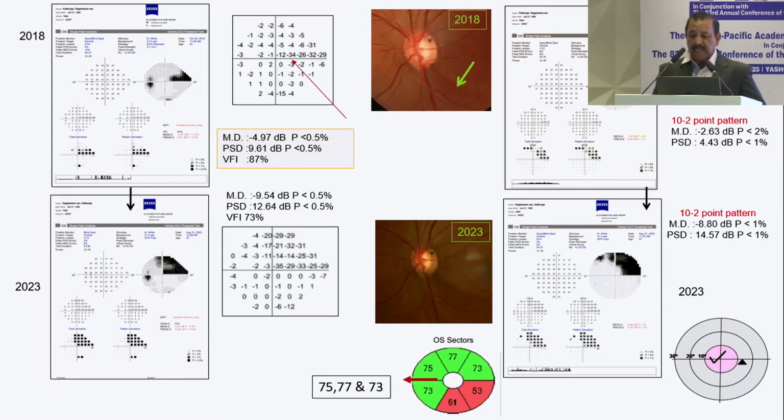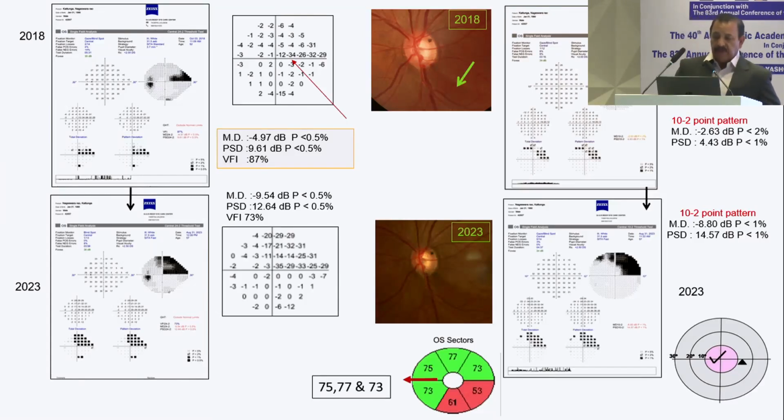And when I repeated the test in 2018, there was an upper arcuate scotoma within 10 degrees. Because of COVID, in spite of taking the treatment, he never came for follow-up. After 5 years, when he came, the upper relative scotoma that we saw in 2018 had become absolute in 2023.